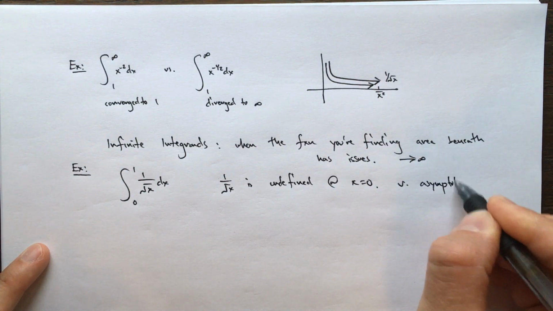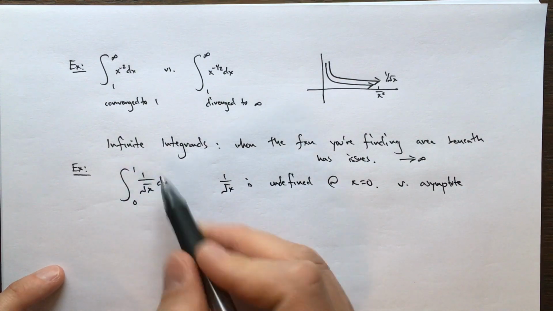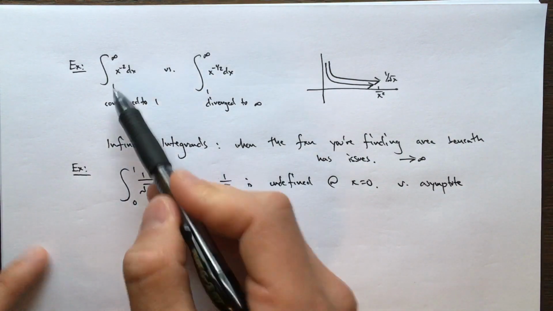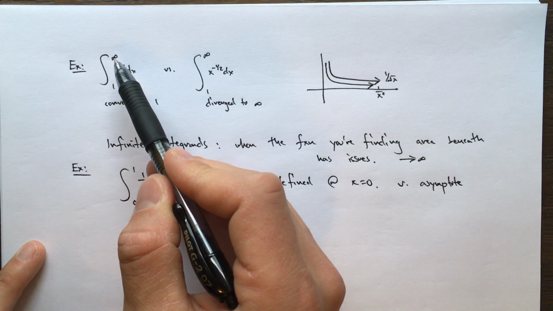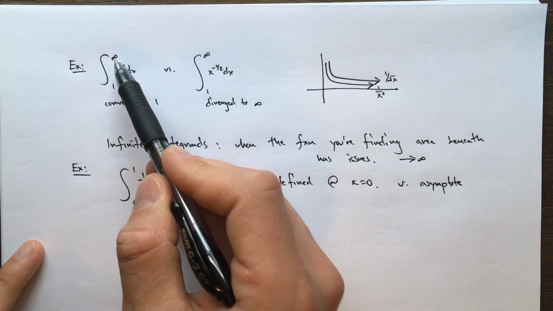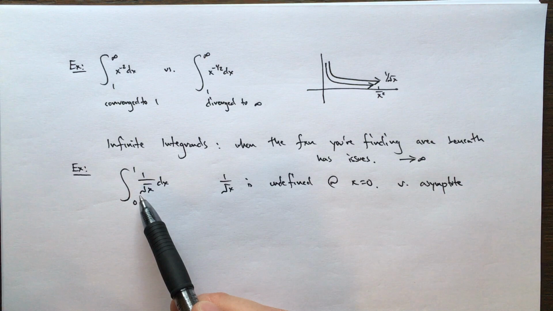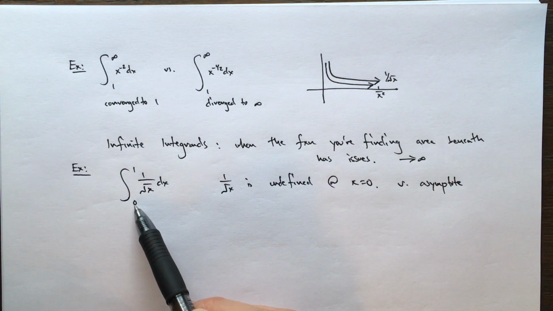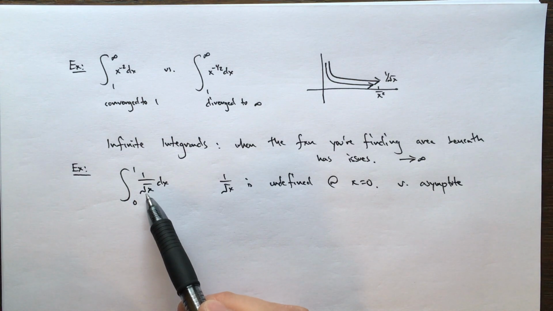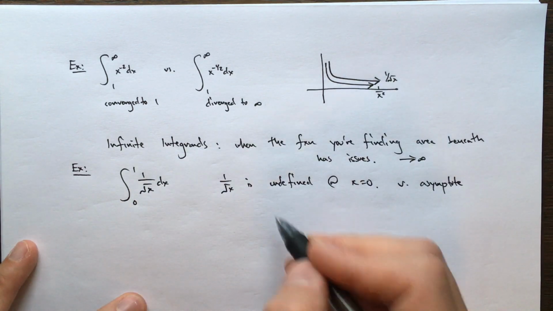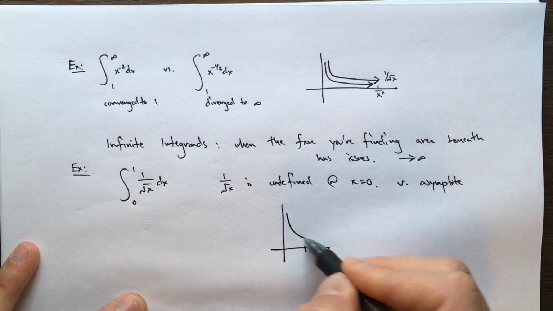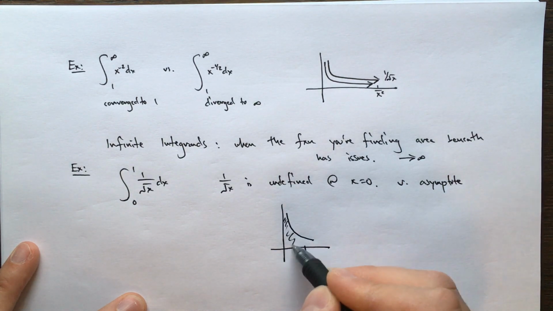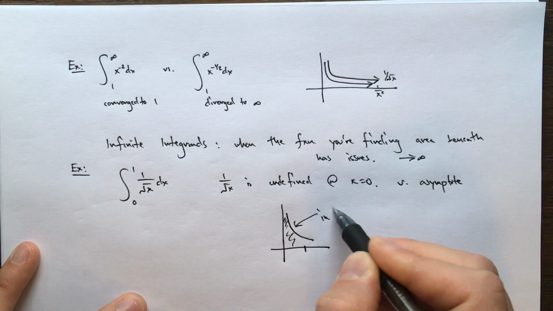So we can't just simply treat this as normal. These ones are a little bit trickier because here we can see the infinity, so we know we have to change that to a letter and take the limit. But here we wouldn't necessarily see that unless we're thinking on our toes. So we've got to say, wait a second, I can't just plug 0 in here. That doesn't make sense. I'm really looking for the area from 0 to 1, but I'm not sure whether that area in there is infinite or not.